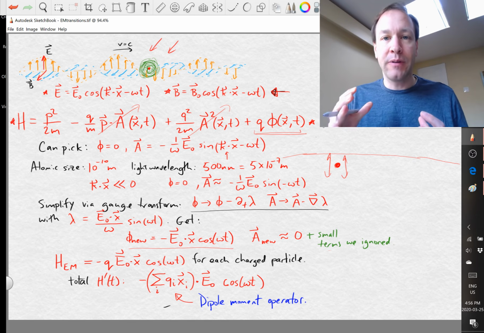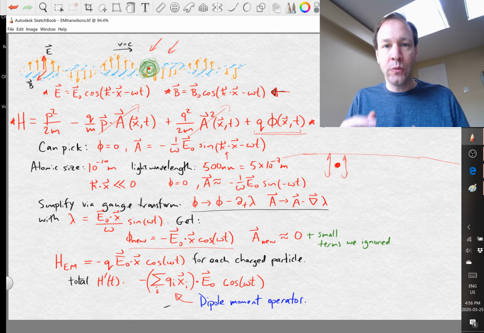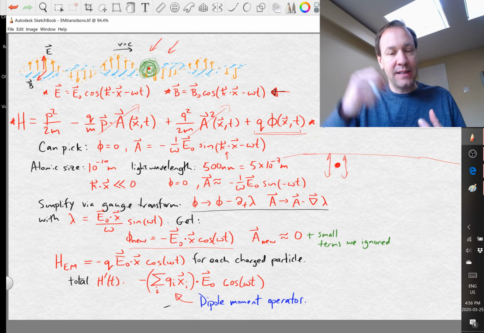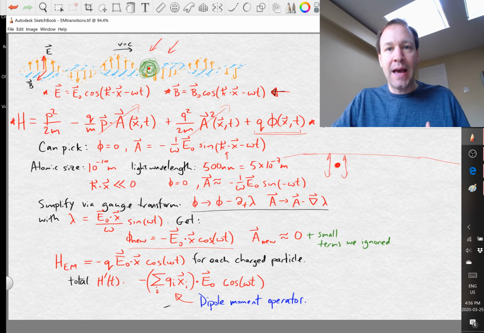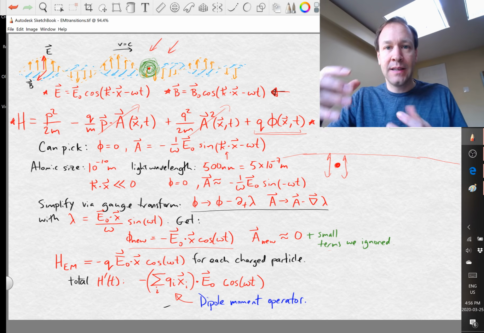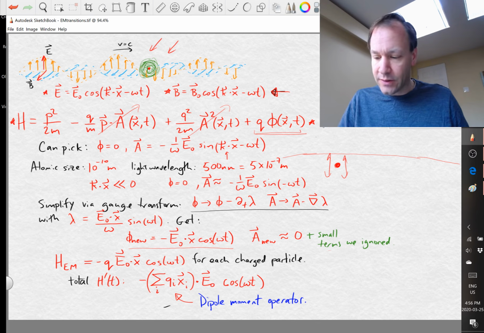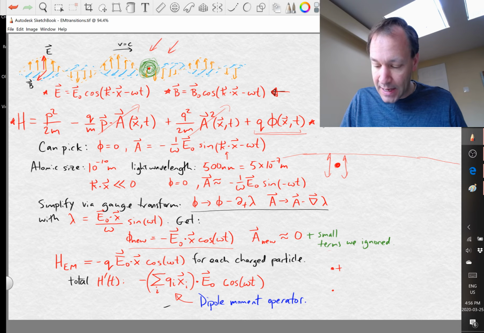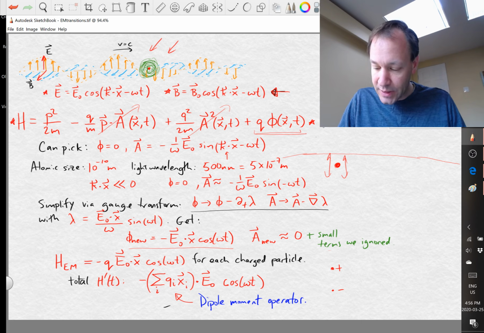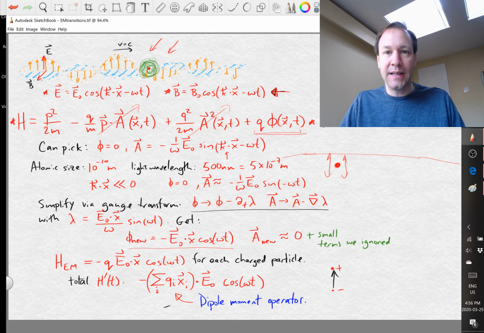This operator defines what's called the dipole moment of our molecule. It's just a sum over the various charges, and it's the charge multiplied by the position operator. Let me just remind you, if you had a plus charge here and a minus charge there, then the dipole moment ends up being some vector which is in the direction from minus to plus.